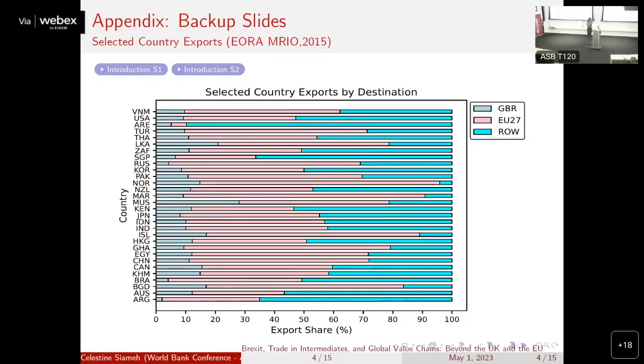From these, we can see that aside from Sri Lanka and Mauritius, which have more than 20% of their export share going to the UK, almost all the other countries have about 10% or more of their export share going to the UK.